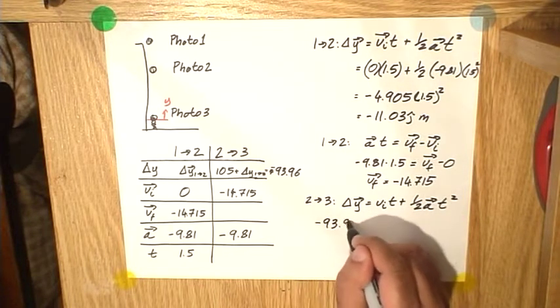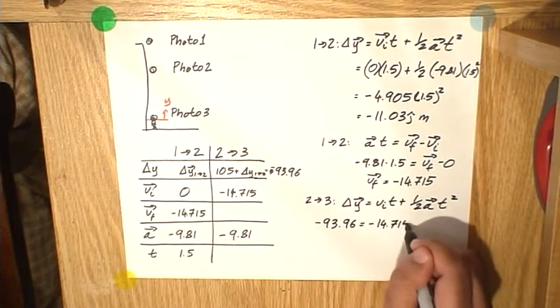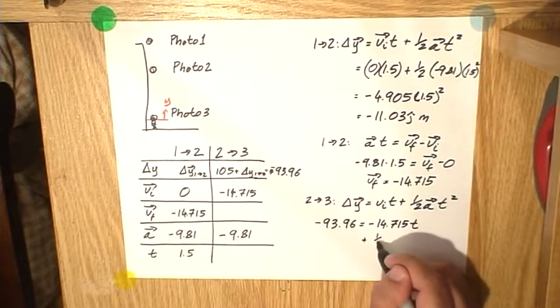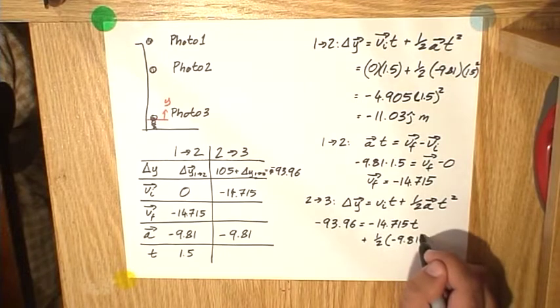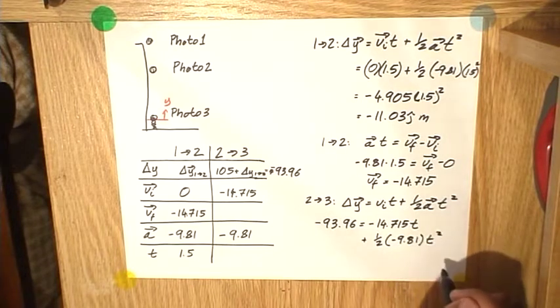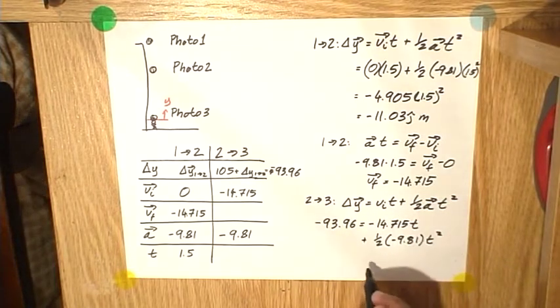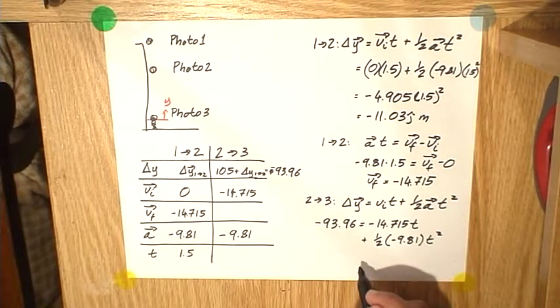Negative 93.96 equals negative 14.715 times the time, which is unknown, plus 1/2 times the acceleration, negative 9.81, times time squared. This is a quadratic equation, and we can rewrite it in standard form. So 1/2 times negative 9.81 will give us our usual negative 4.905.